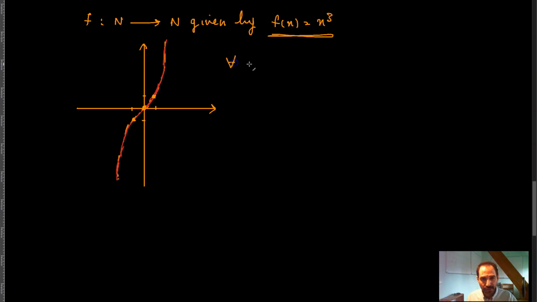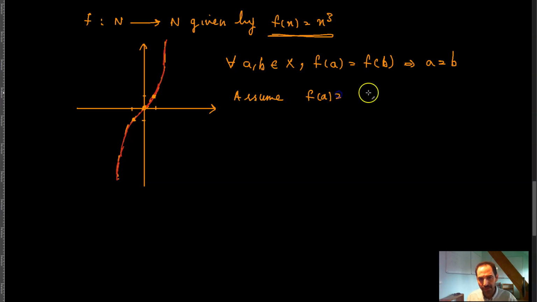But let's write the condition for every a and b belonging to the domain. If f of a is equal to f of b, that implies that a is equal to b. Let's see if that is the case. If I assume that f of a is equal to f of b, what that means is that a cubed is equal to b cubed.